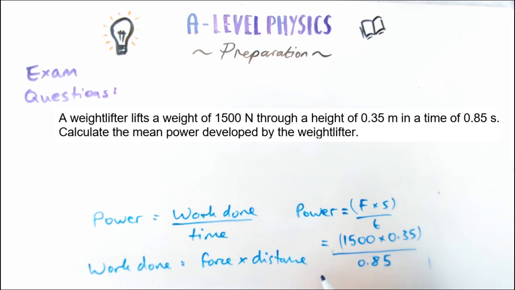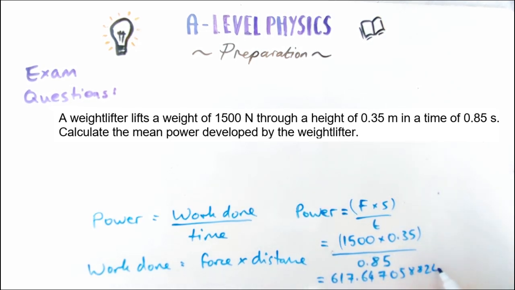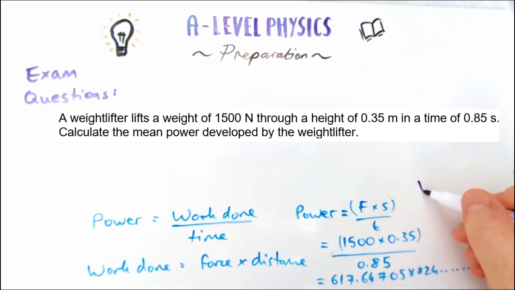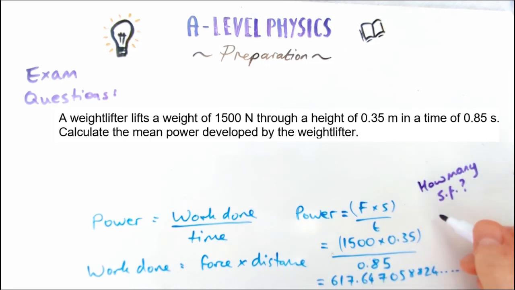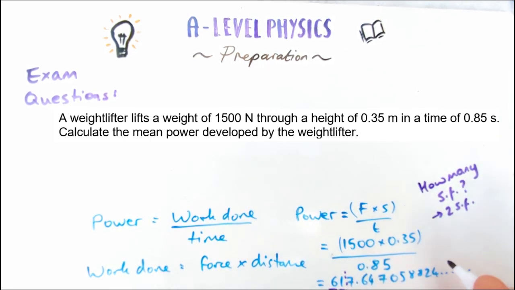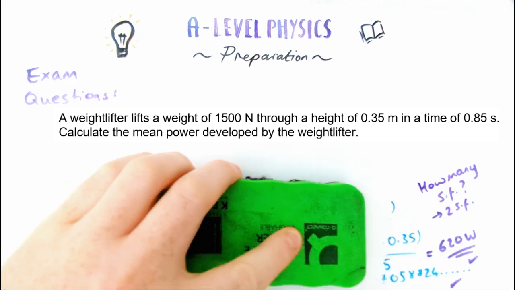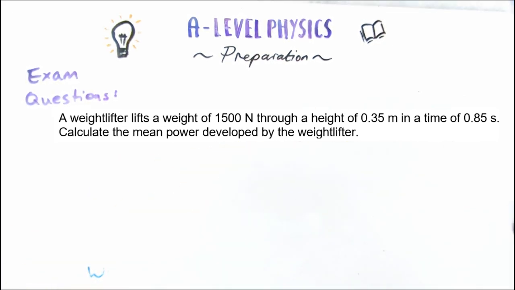If we were to solve that, it comes to 617.64705824, and so on. A really long number. So how many significant figures do we need to quote that to? Well, force is 2 significant figures, time is 2 significant figures, so is distance. So we quote that to 2 significant figures, meaning that's 620, because we round up the 617.